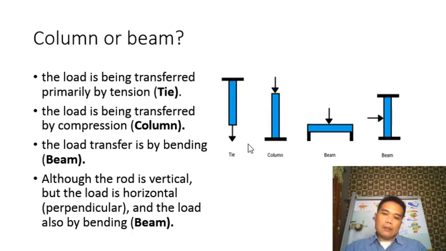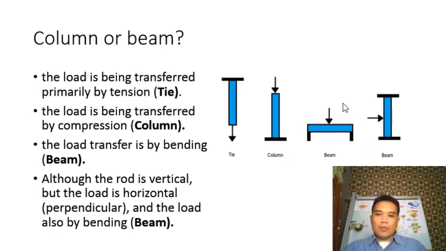But in the opposite way, if we have tension loads working on this element, then we will have a tie. This is tie, this is column, since we have compression on the column, and we will have tension on the tie.